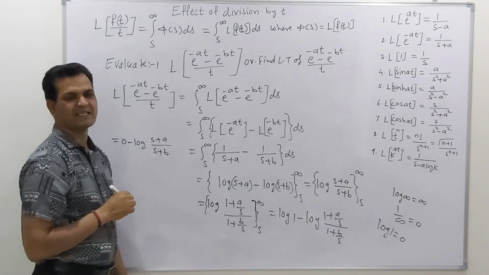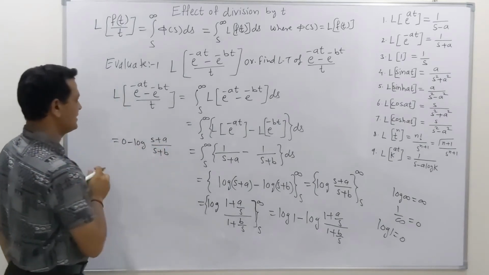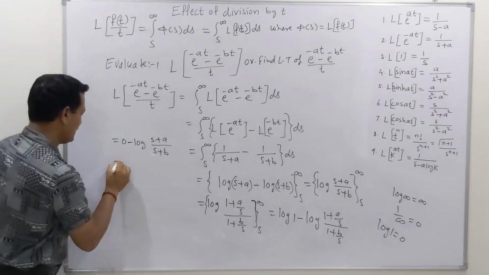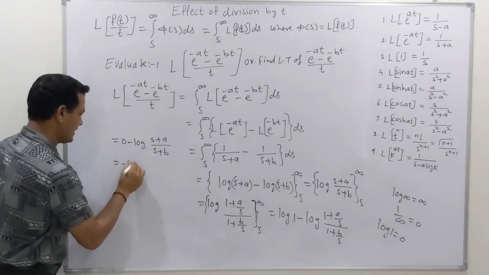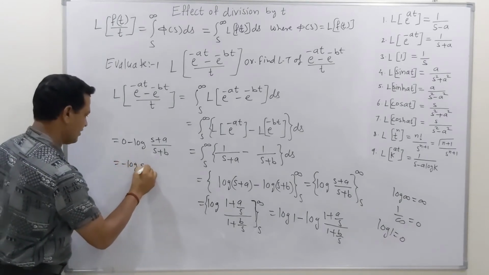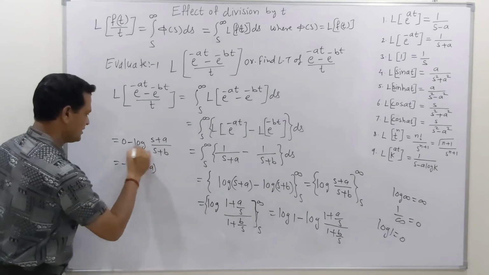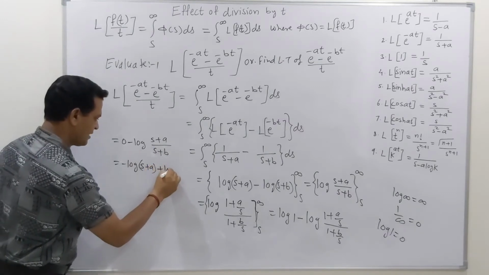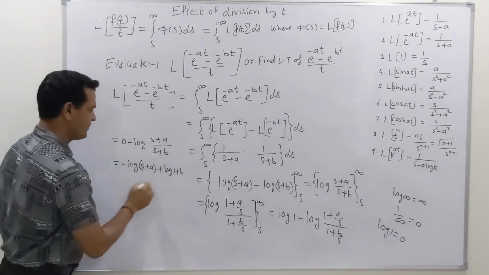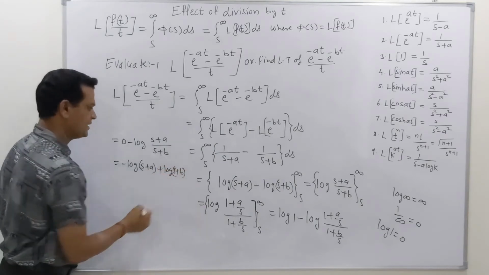So the denominator s term will get cancelled. Now here the minus sign, we can again simplify this as log of s plus a, minus minus plus log of s plus b.